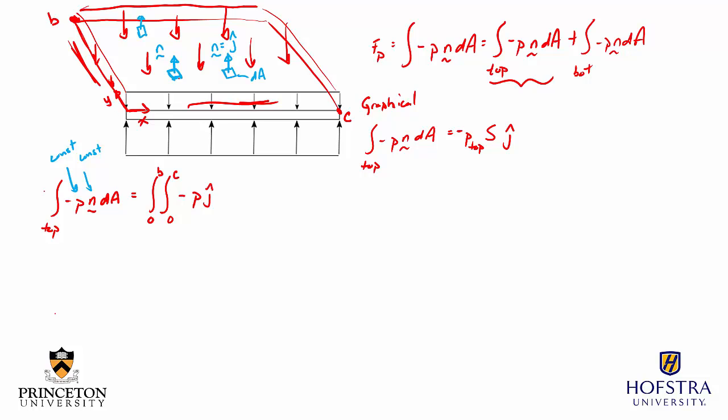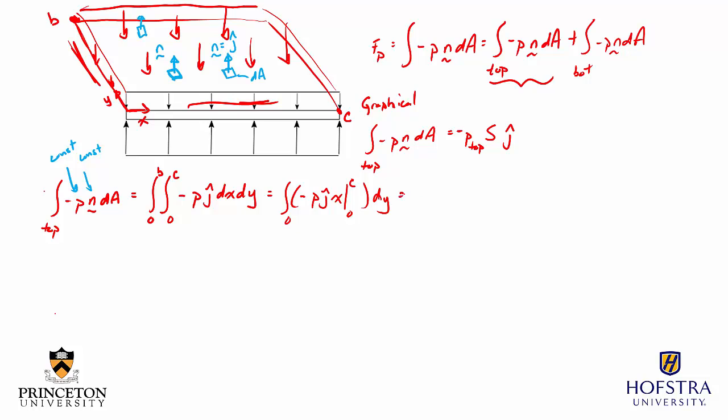And then dA, I break down into a differential length in the x direction and a differential length in the y direction. Since p and j are constants, this integration becomes quite easy. First I'll integrate with respect to x. So I'm going to have the integral from 0 to b of minus p times j times the integral of dx, which just gives me x, evaluated between 0 and c, dy.